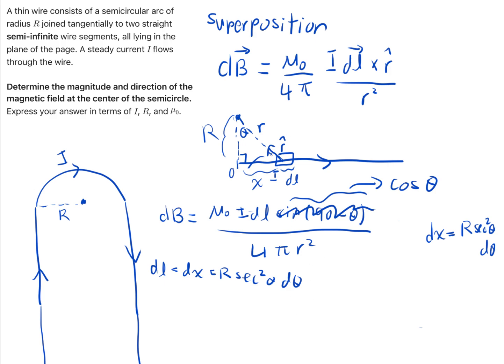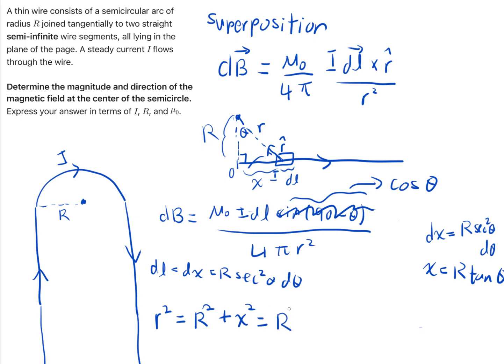This is a right triangle, so we can just use the Pythagorean theorem to find r. So that gives us that r squared is equal to big R squared plus x squared. And we just found earlier that x was equal to r times the tangent of theta, because tangent of theta is x divided by r. So we can plug that in for x.